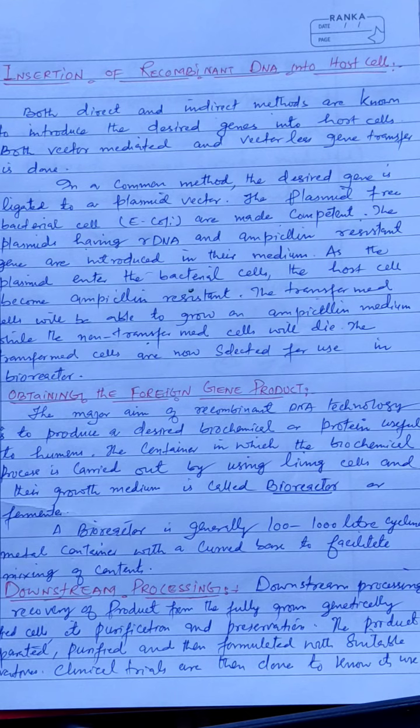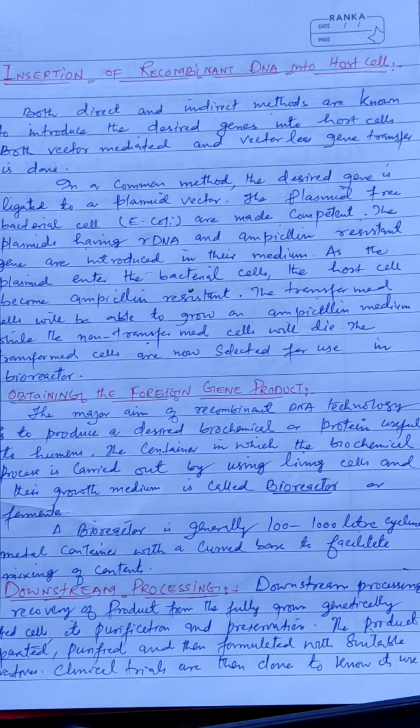And finally we are doing all these things in a bioreactor, simply a cylindrical instrument used to culture all these cells. When we put these transformed cells in a bioreactor, we get the desired product.